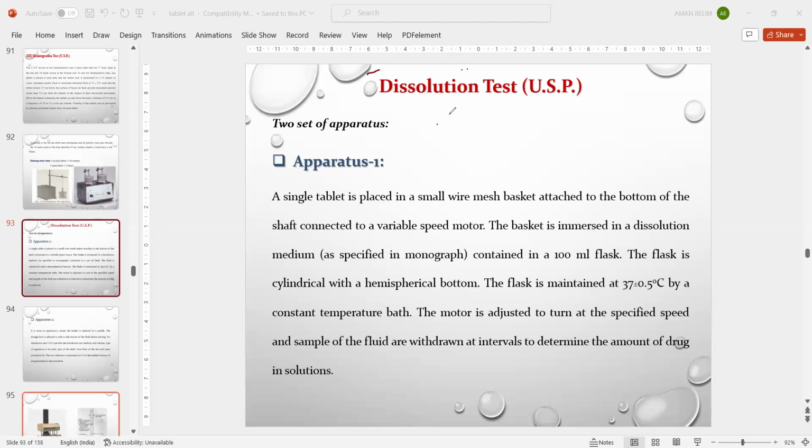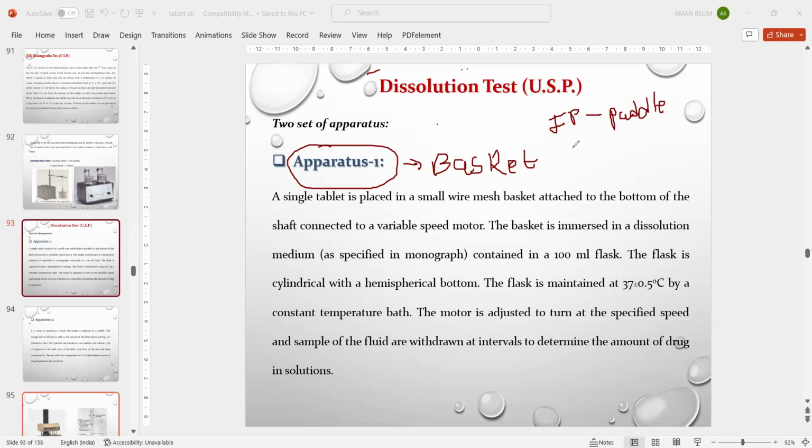Yes, for IP, the first one is paddle, right? For USP, type 1, apparatus one, is basket, right? And for IP, it is the paddle apparatus. And for USP, type 2 apparatus is paddle, right?